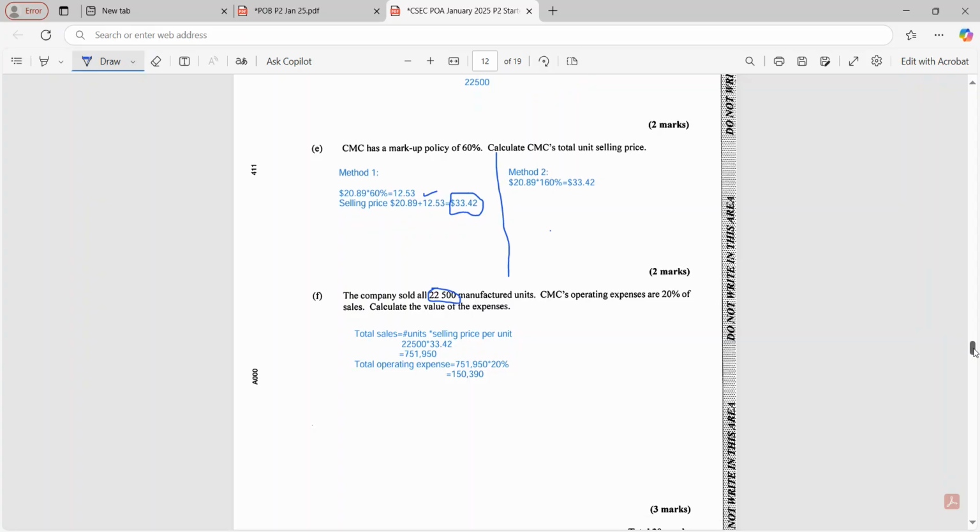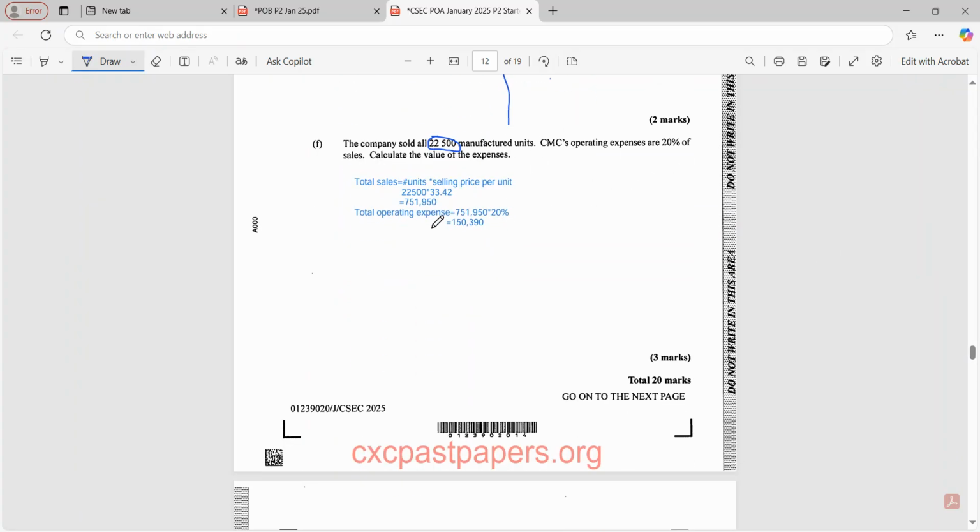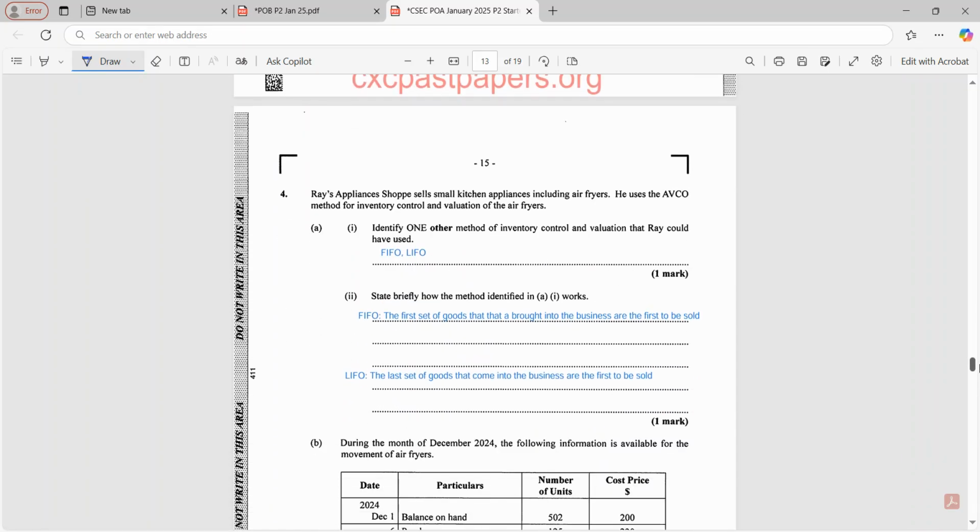All right. And that would be our total operating expenses. Sorry, that would be our total sales. So we're going to find our operating expenses by multiplying the 20% of the total sales, which is 751,950 multiplied by 20%, which gives us 150,390. All right.